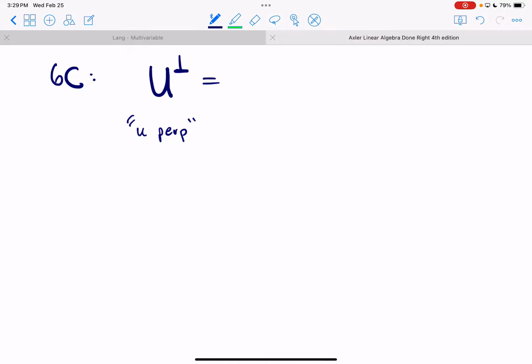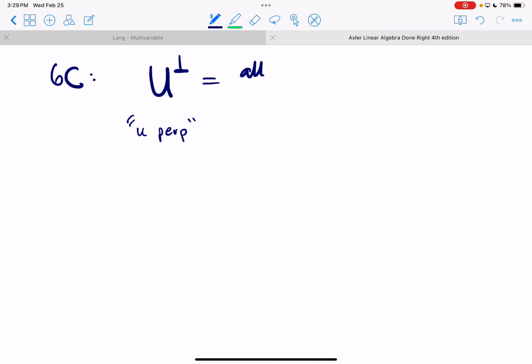U perp is all the vectors that are perpendicular to the entire subspace U. Meaning, like, here, let me just write what you said.